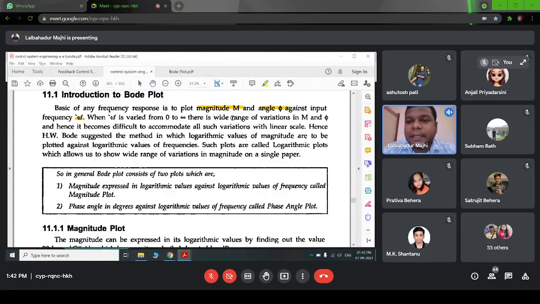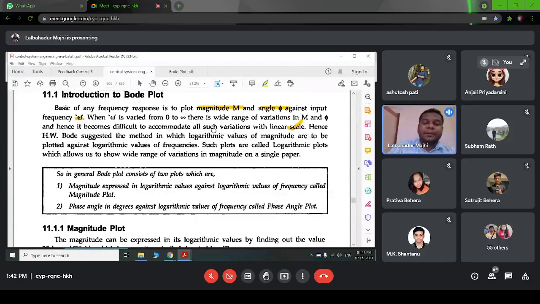First one is the magnitude and the second is the angle, and they will be plotted against the input frequency. When omega is varied from 0 to infinity, there is a wide range of variation in the magnitude and the angle phi, and hence it becomes difficult to accommodate all such variation with a linear scale.